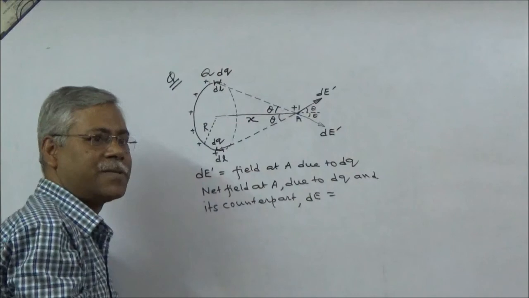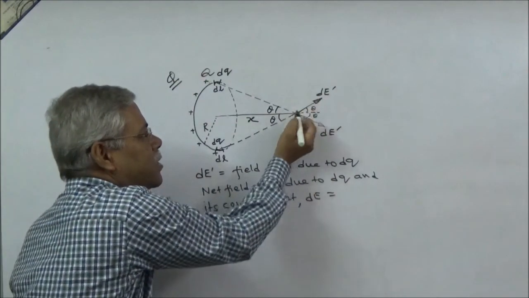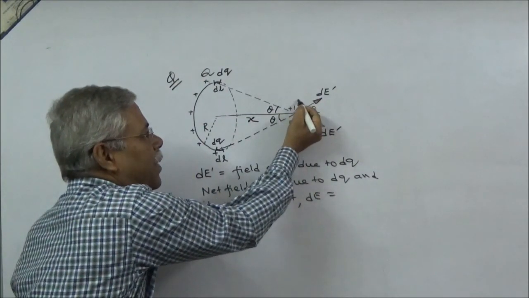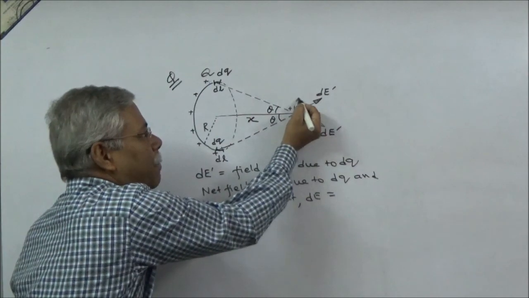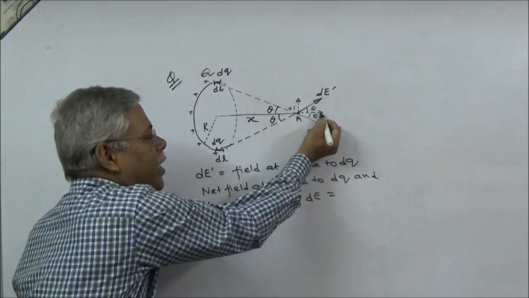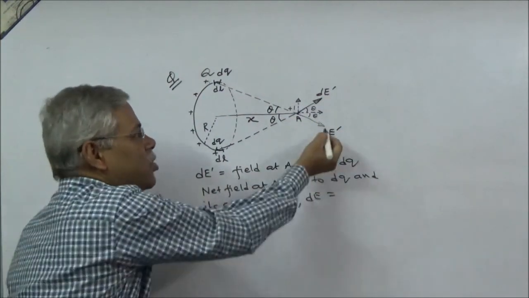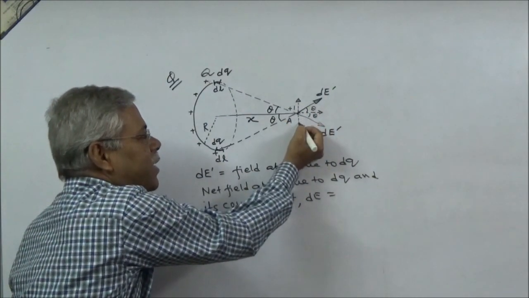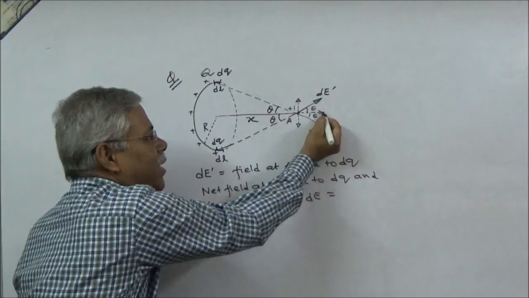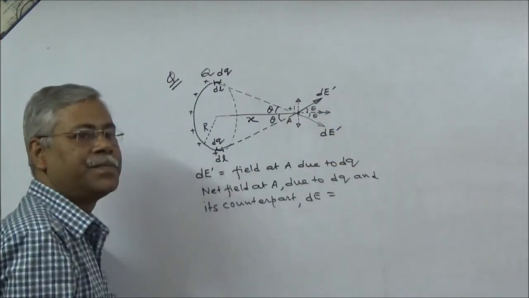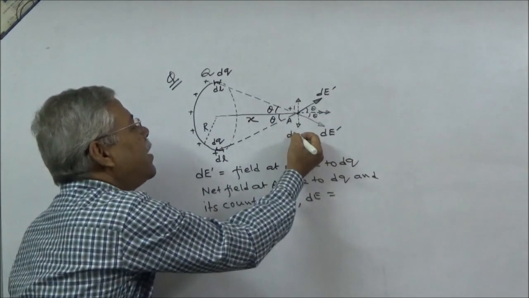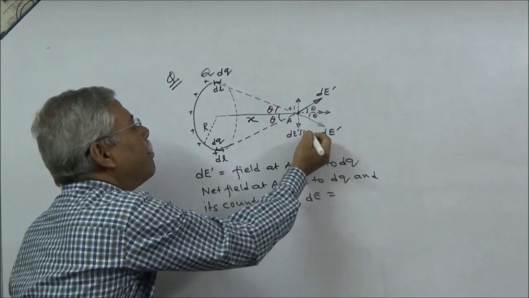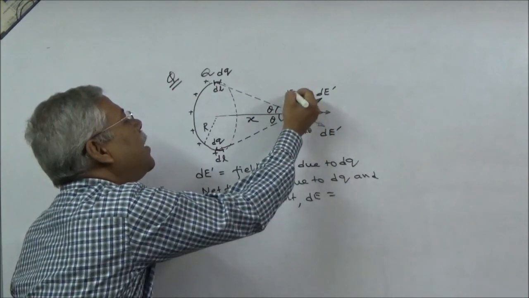Resolve dE dash. This is +1. There is a component in this direction, and another component in this direction. Resolve this dE dash too: there is a component in this direction and another in this direction. This is dE dash sin theta, and this is dE dash sin theta.